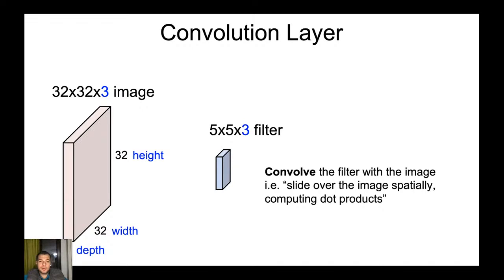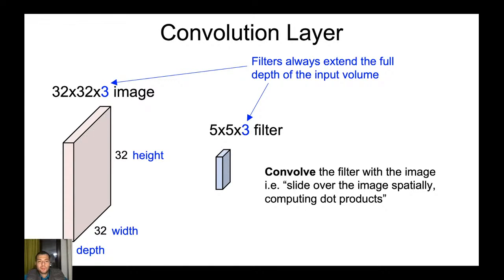We have this filter that is convolved over the image, which means that we slide the filter over every possible spatial location and apply the convolution operation, which is based on multiplying the components inside the filter with the components inside the location where the filter is applied, and the result is a single number that is the output for this filter.